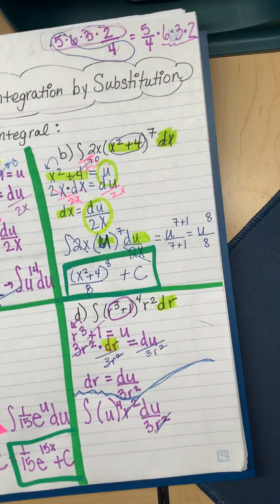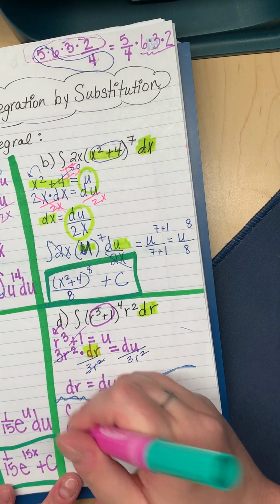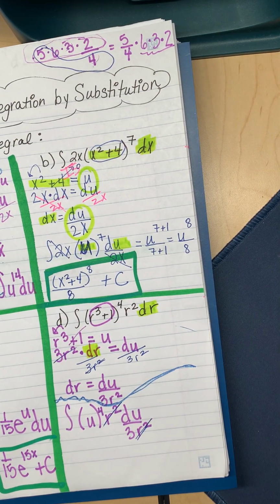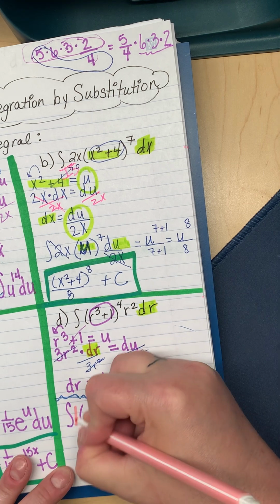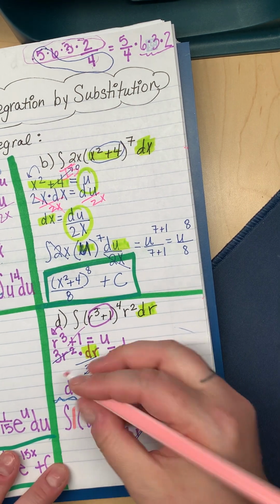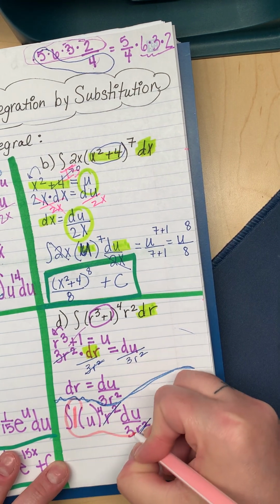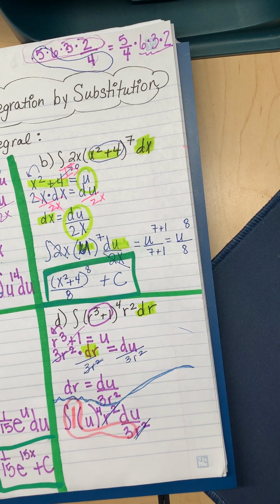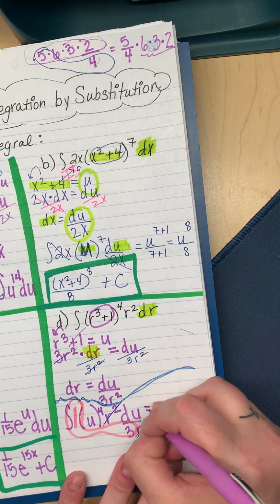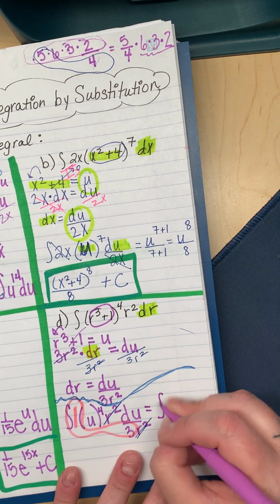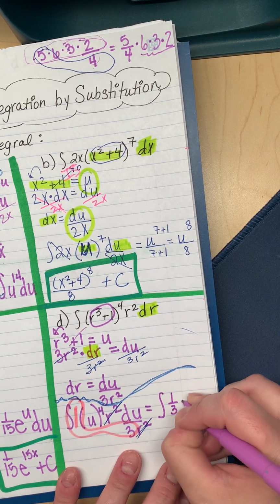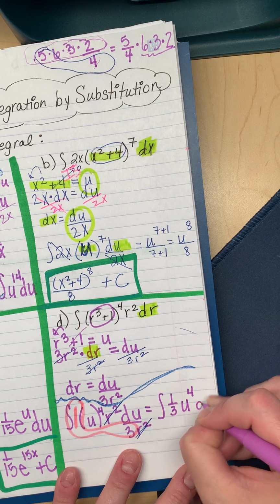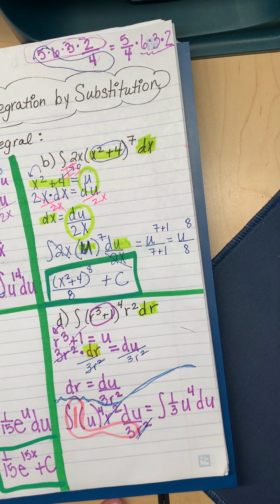So I have a pretend 1 at the very beginning of the problem. I'm going to take this 1 and put him over this 3, like we did on the last example. So this is going to become integral 1 over 3 u to the 4 du.